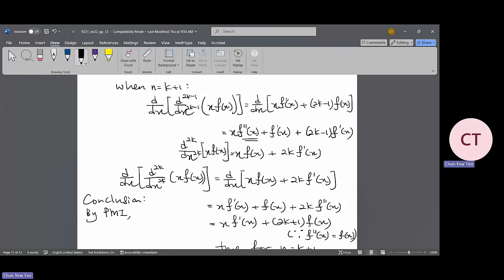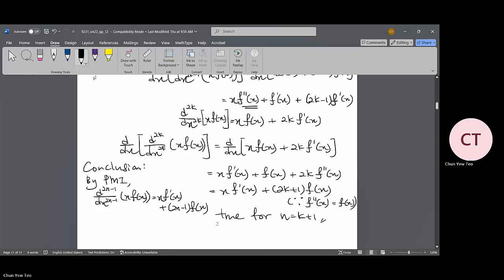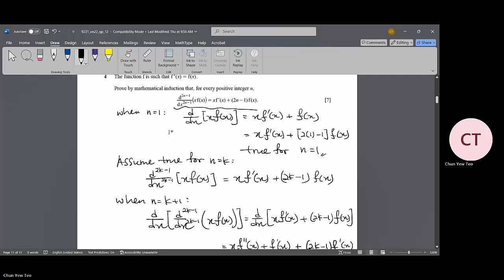By mathematical induction, d power 2n minus 1 over dx power 2n minus 1 of x f(x) is equal to x f prime plus the 2n minus 1 f(x) for every positive integer n.